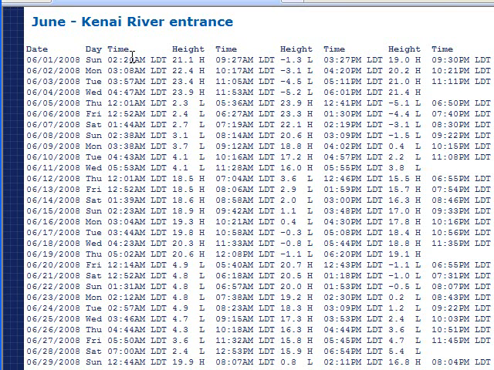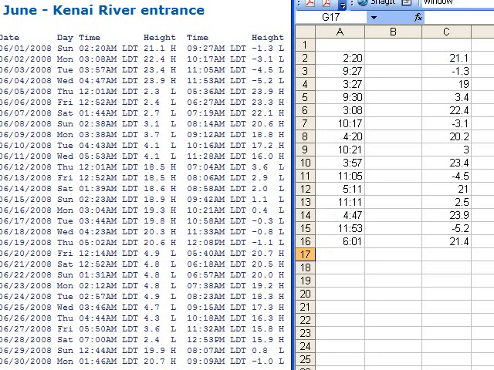So remember 2:20 a.m., 9:27, and the heights are 21.1 and negative 1.3. I can keep both of them in the same recording. Here's the 2:20 a.m., here's the 9:27 a.m., and here's the 21.1 high tide and negative 1.3 low tide.